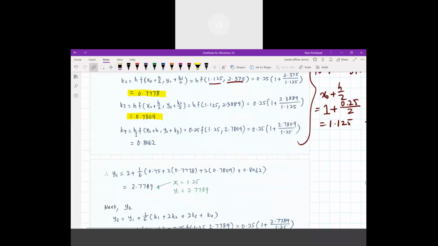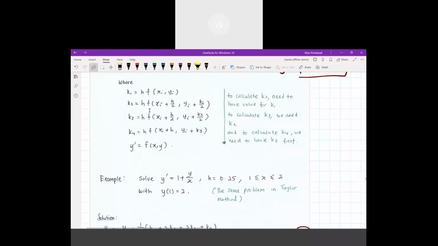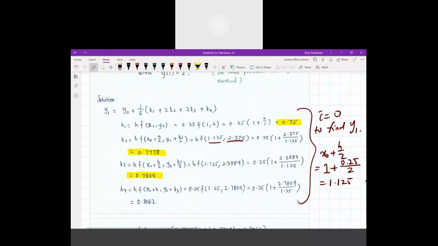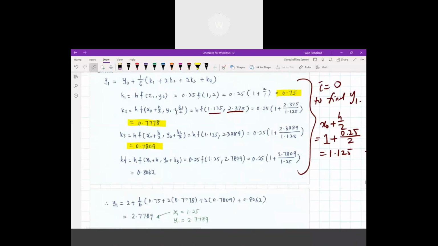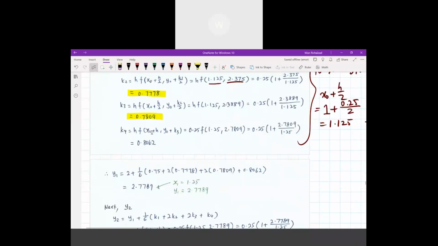K4 equal to h f of x plus h, y0 plus k3. So please be careful also with the formula for each k. Don't make a mistake. So k1 uses the original f(x, y), k2 and k3 use h over 2, k1 over 2, h over 2, k2 over 2. And for k4 we use x plus h. There is no over 2 in this h, and y0 plus k3.